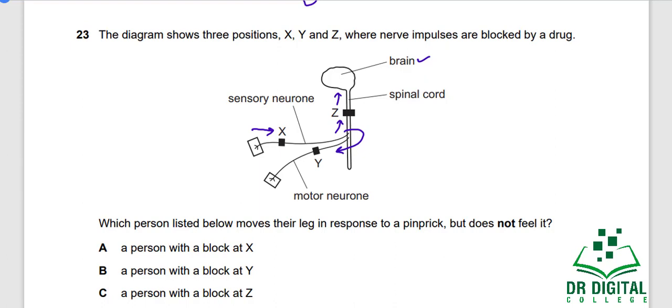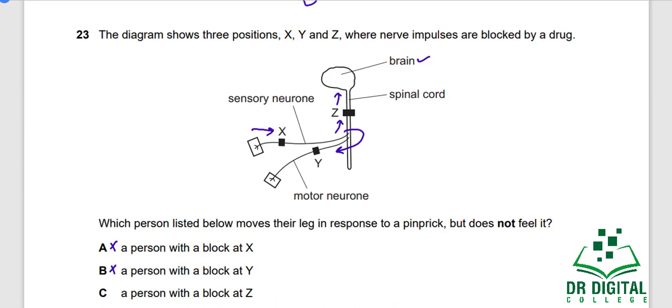So a person with a block at X, no message will go to the brain, so that is person A. B, a person with a block at Y, no, the message will go, the person will feel the pain, but the leg will not be moved because at Y the message is not coming from the reflex arc. So B is wrong.